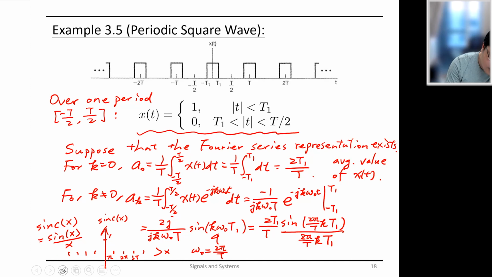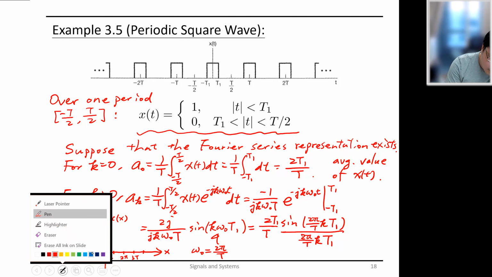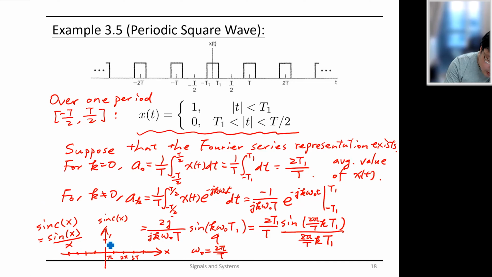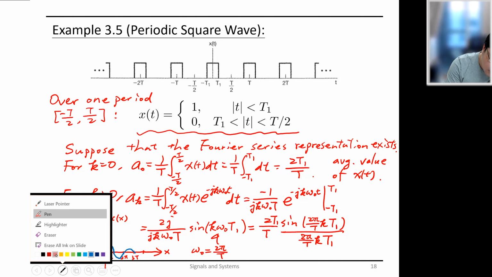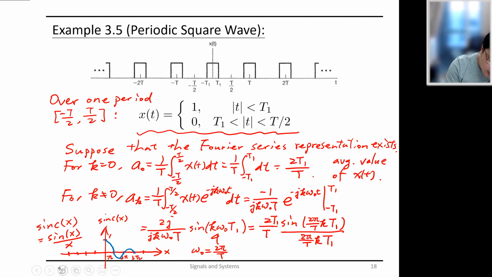You start from this point, you go to 0 at pi, back to 0 at 2 pi, then 3 pi. So this is pi. And then again to 0 at 4 pi, and so on.